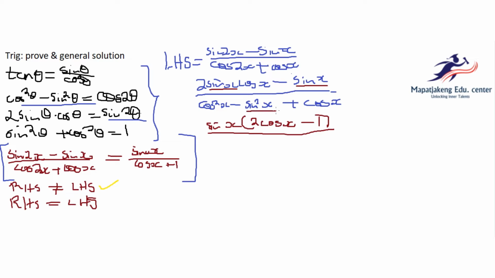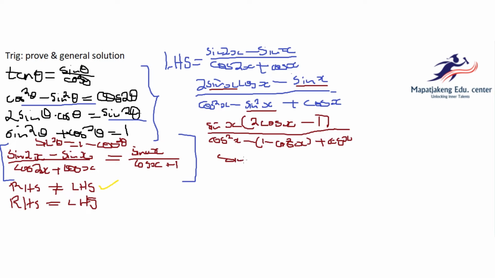We don't want sine squared x, but we know that sine squared theta becomes 1 minus cos squared theta, just making it the subject of the formula. Then we replace that here: we have cos squared x minus, in brackets, 1 minus cos squared x, and then plus cos x.